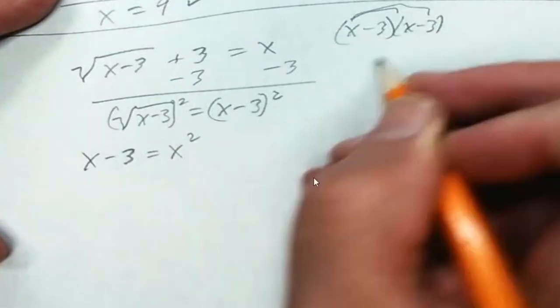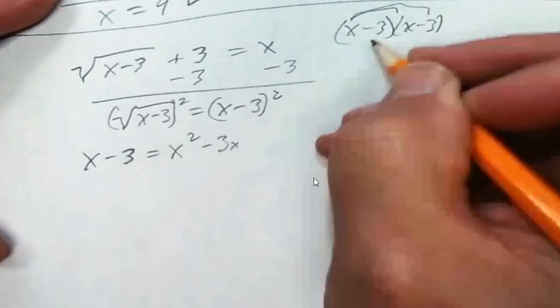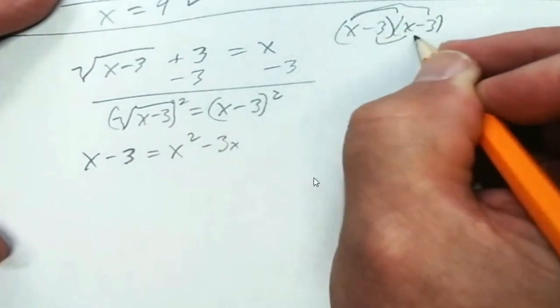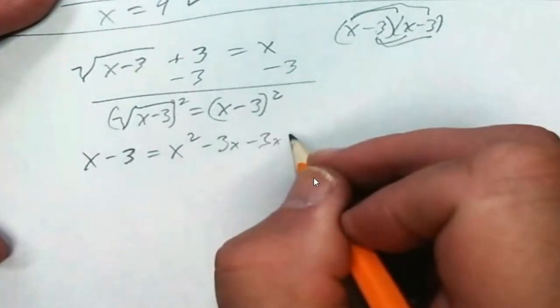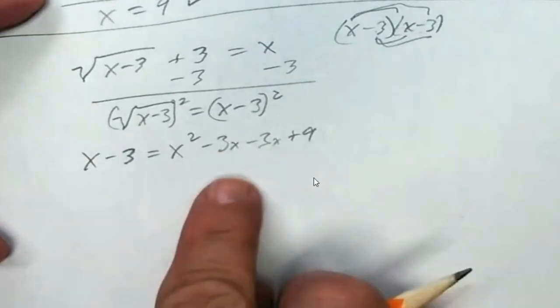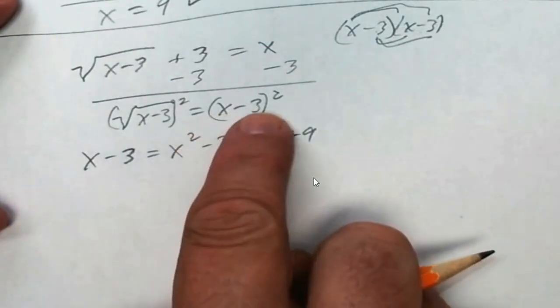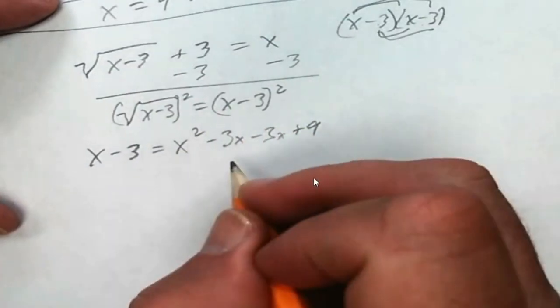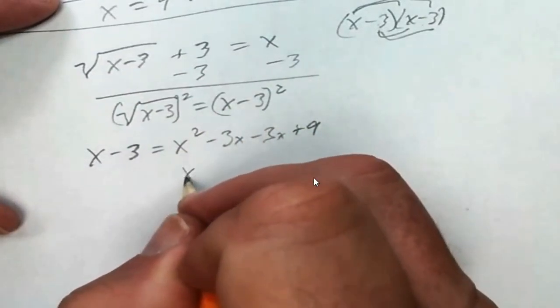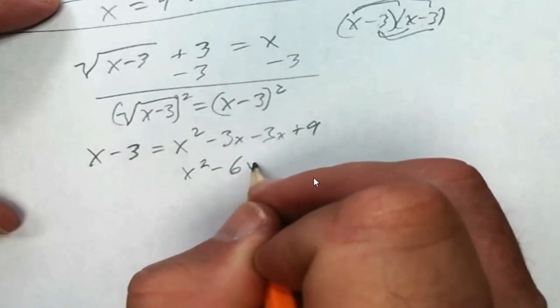X times -3 is -3x. Then distributing this, -3 times x and -3 times -3. So that's what x minus 3 squared is: x squared minus 3x minus 3x plus 9, which we can simplify to x squared minus 6x plus 9.